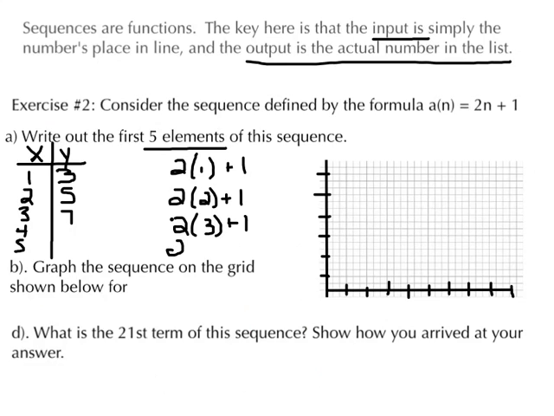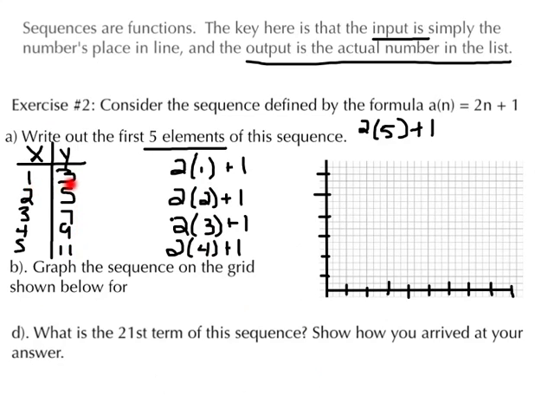I'm going to input 4. 2 times 4 is 8, plus 1 is 9. That is my output. I want to do input of 5, so 2 times 5, plus 1. 10 plus 1 is going to give me 11. That is my output.